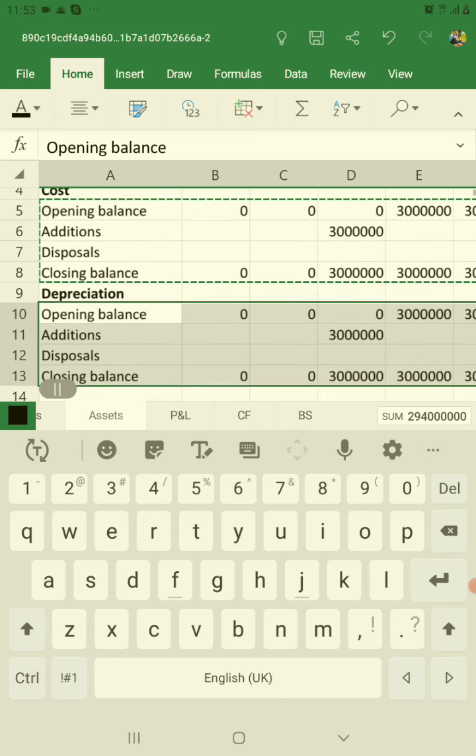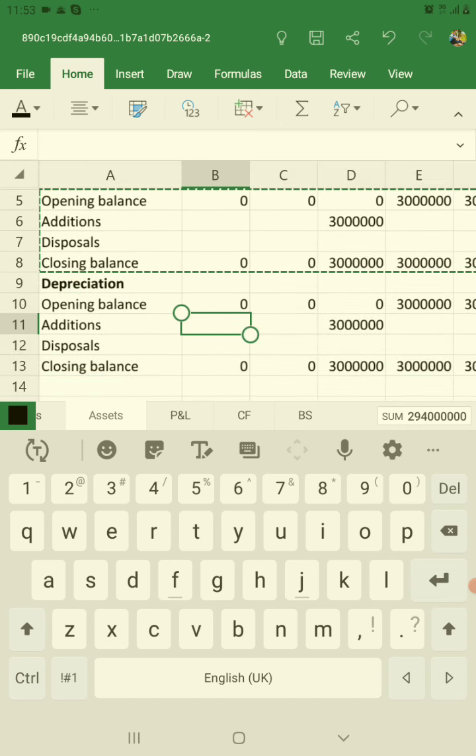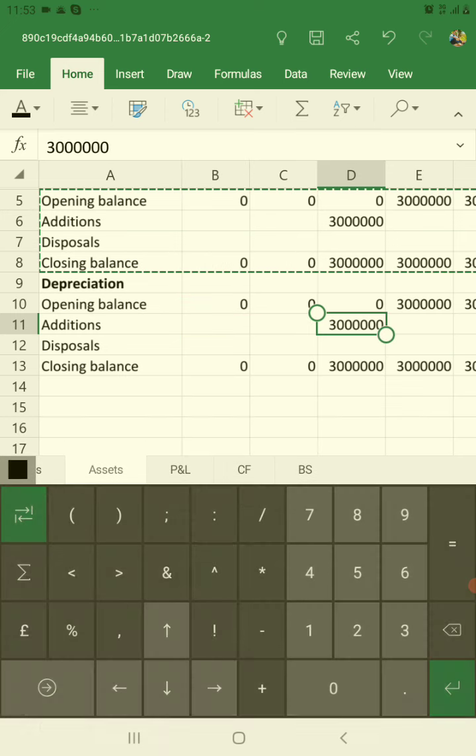So what I'm doing now is changing on the additions here. I remove this 300 because we are not in the addition of assets here, we are in the depreciation section.